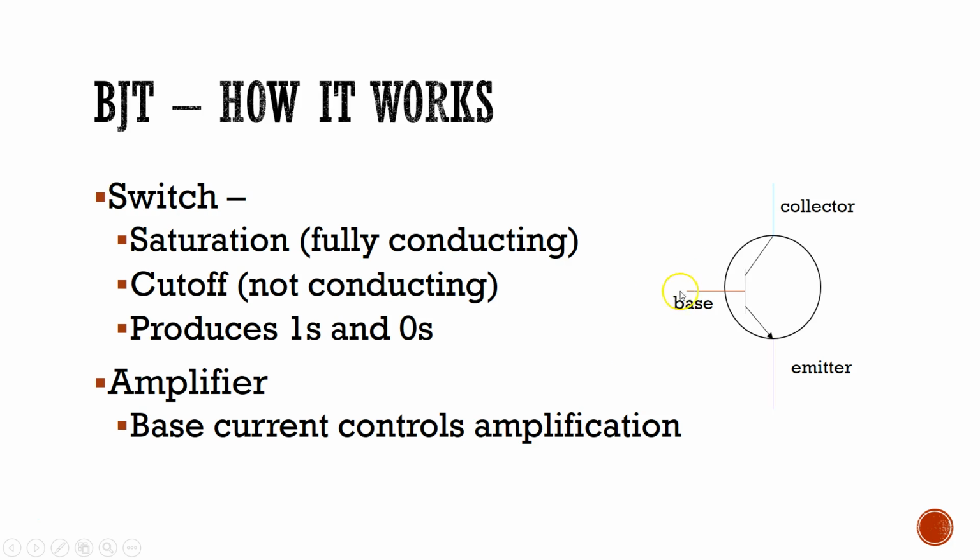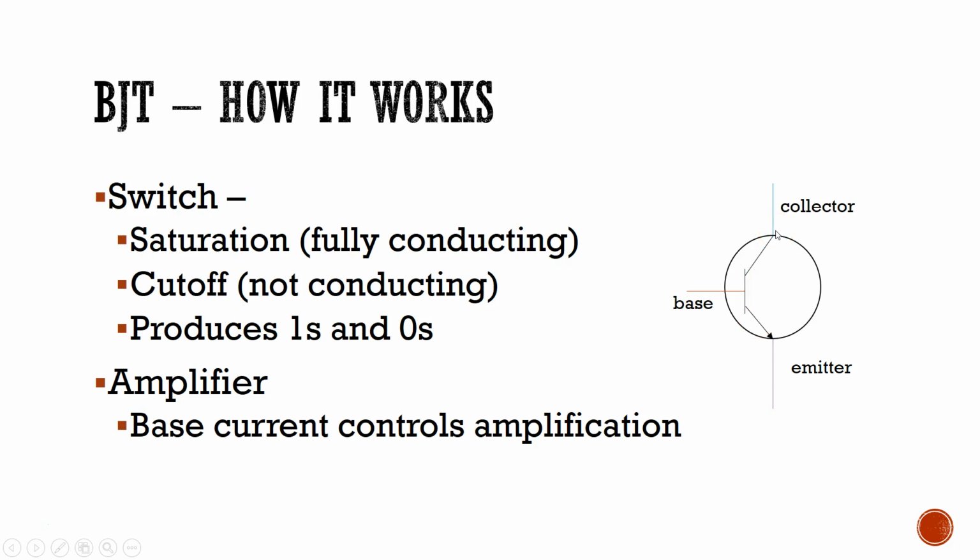And when we apply current to the base, what happens is we allow the collector to flow to the emitter. This pretty much becomes a short and joins the collector and the emitter junction.